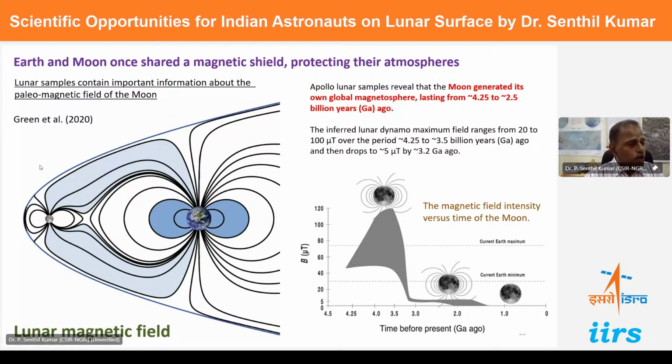The magnetosphere of Earth and also the moon interacted with each other. We really don't know much about this process. For example, the magnetic field of the moon changed over a period of time. These models come from the observations of the lunar samples. So the lunar samples provide lots of ideas about the moon's magnetic field. So this is also an important topic.